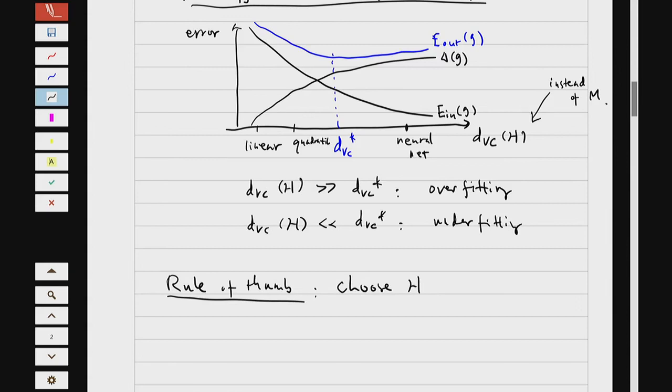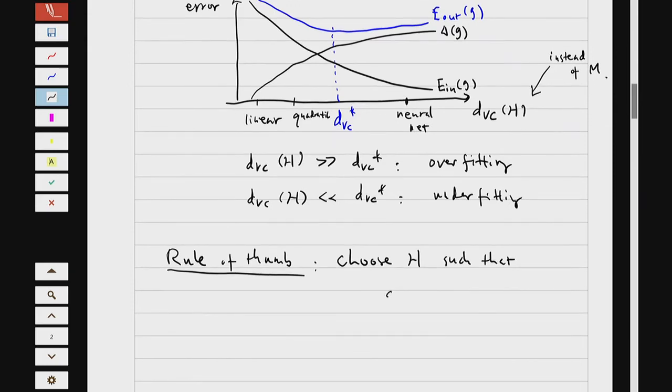Choosing H basically means should I use a linear model, should I use a quadratic model, and so on, such that the VC dimension of the model that you choose should be approximately 1/10 of the number of data points that you have. In other words, if you have more data points, you can use a more complex model. That's the general rule of thumb.